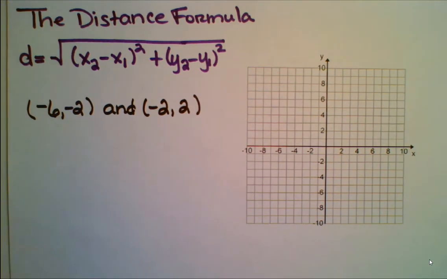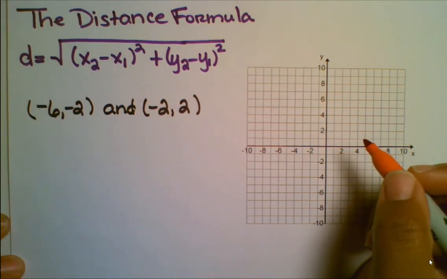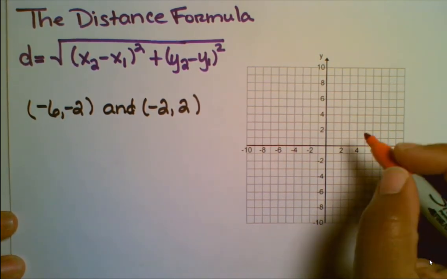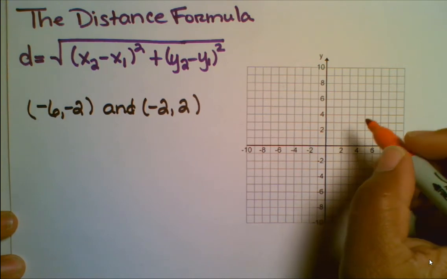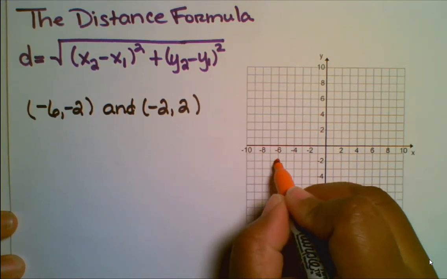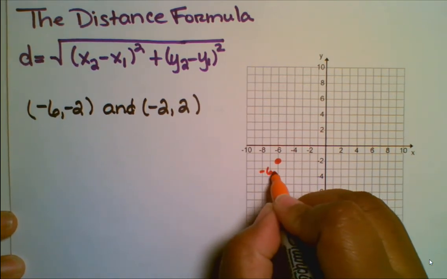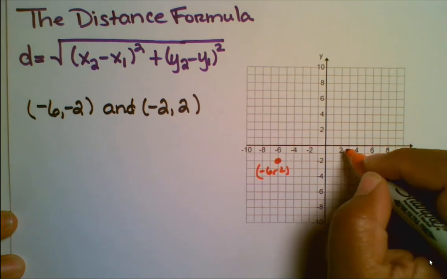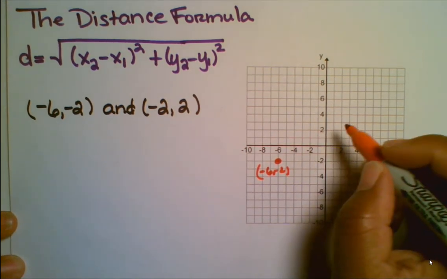So I want to plot those 2 points. So we have here -6, -2, and we have -2, 2.